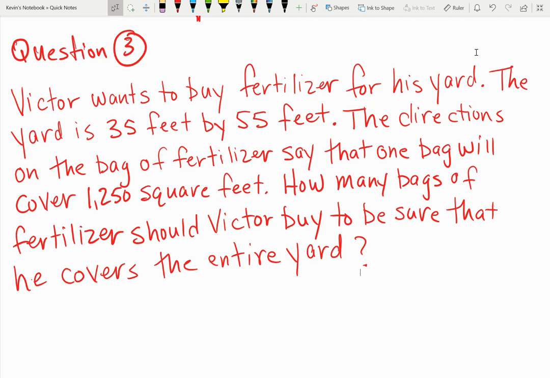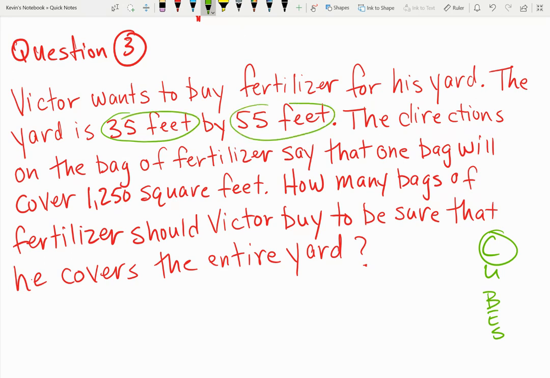Okay, let's go back to what we know, and we're going to start with our cubes. Looking at our cubes, we want to circle any pertinent information that we need to know to solve this problem. So we know the yard is 35 feet by 55 feet.